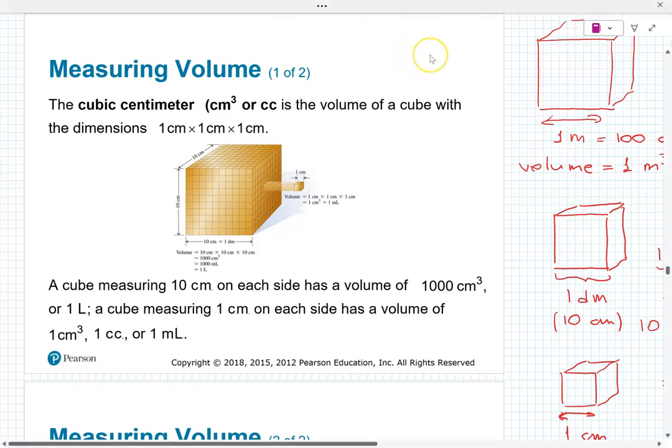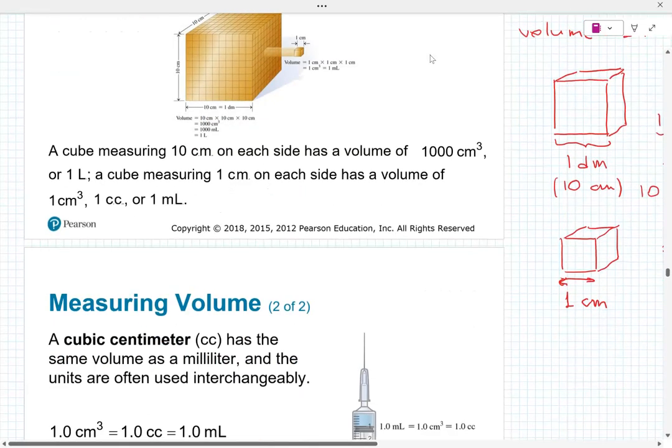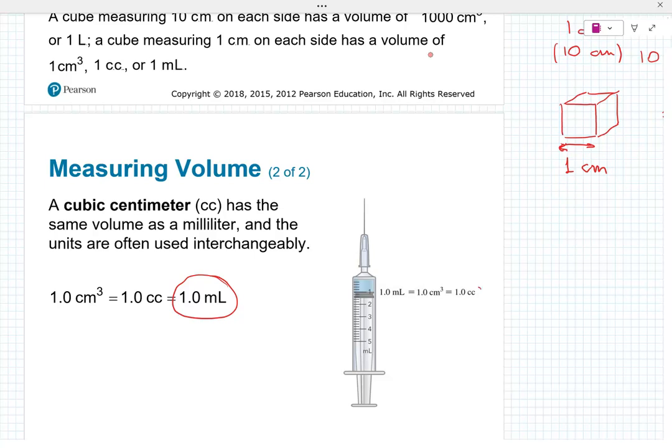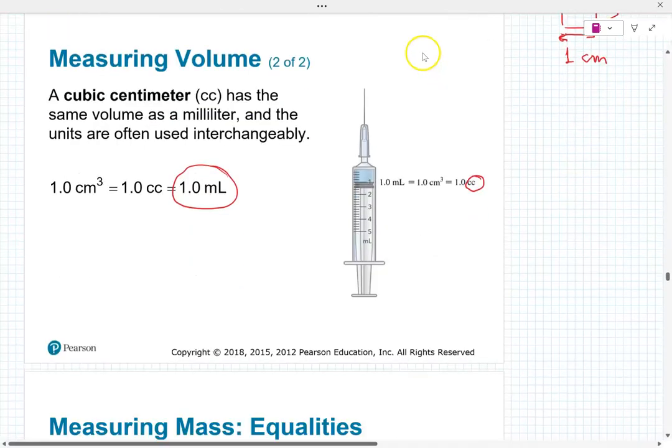Question so far? Again, in chemistry and in medicine, we mostly use mils. In medicine, yeah, you're going to see cc. That stands for cubic centimeter, right? And they can be used interchangeably.